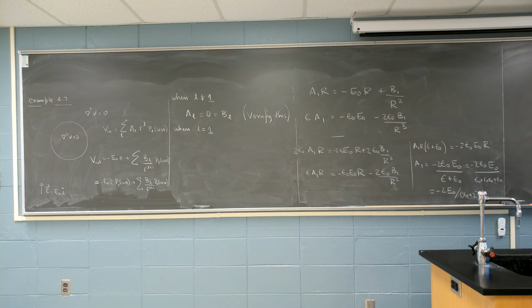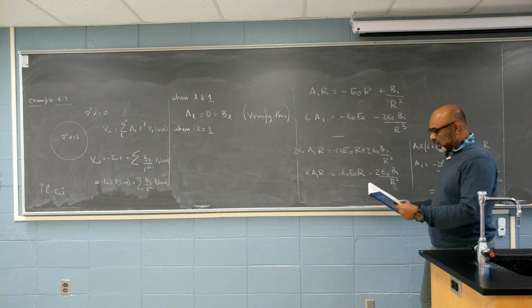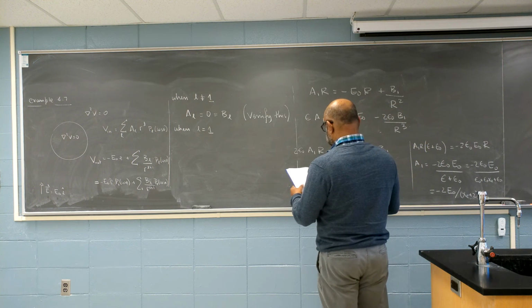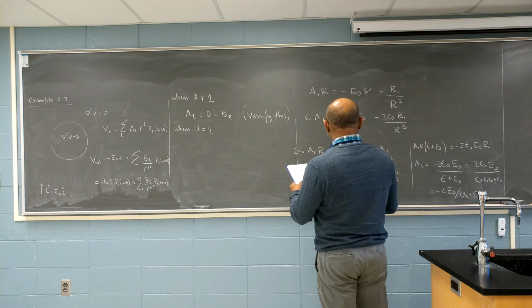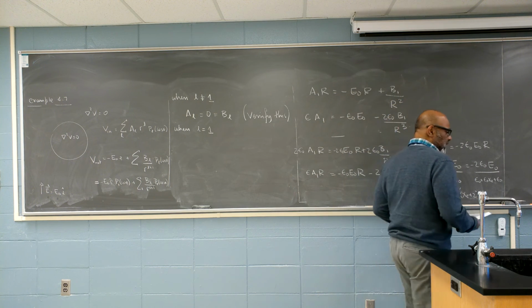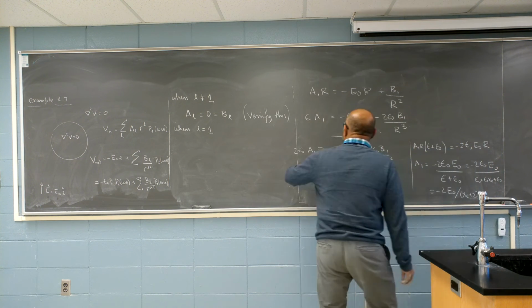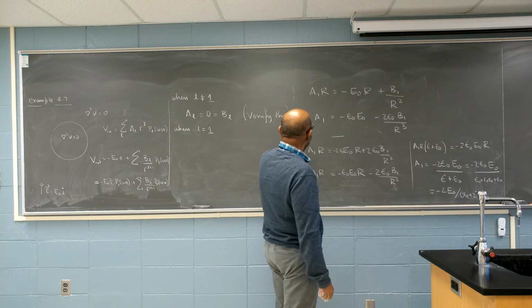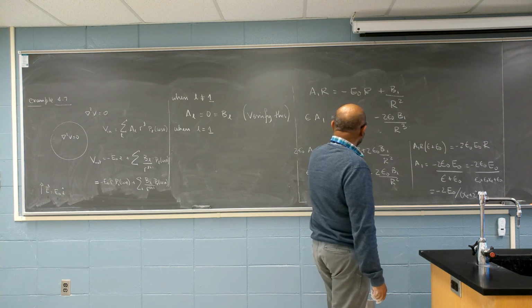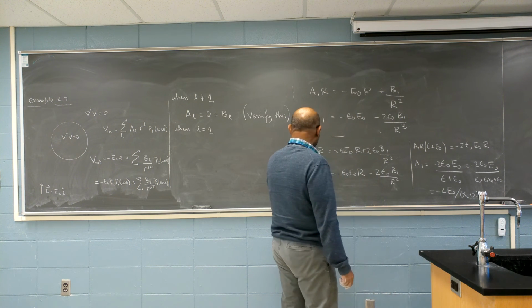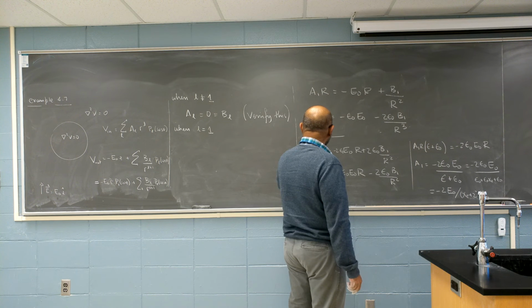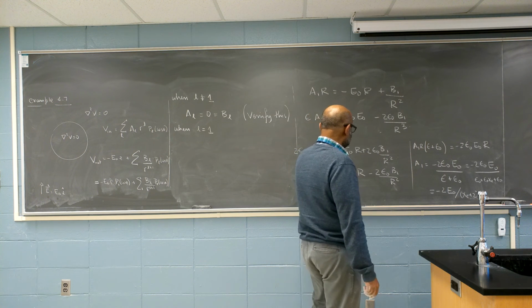Let's make sure the equations are correct. A1 R equals B1 over R squared, and then epsilon A1 minus E0 minus 2 B1 over R cubed. They are in fact correct. So let's make sure, 2 epsilon naught, 2 epsilon naught. And this one we're multiplying by R, correct? Okay.